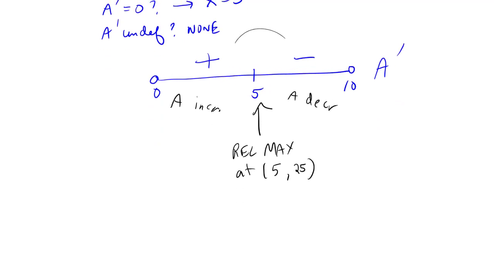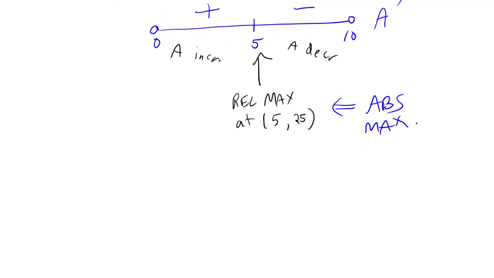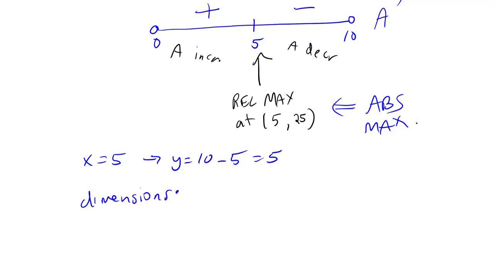It's always increasing before 5 and always decreasing afterwards, so this actually has to be the absolute maximum. And this is going to give me my answer. So I want x to be 5, y is 10 minus x, or 10 minus, put in 5, or 5. So the dimensions that I'm looking for to get the maximum area are 5 by 5.